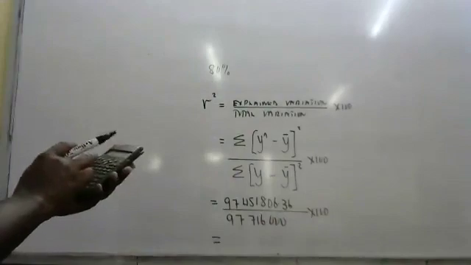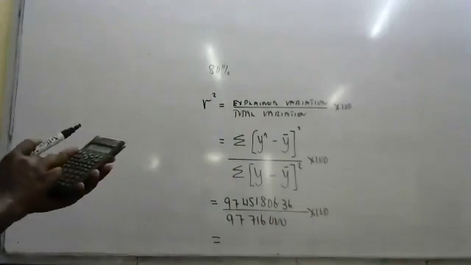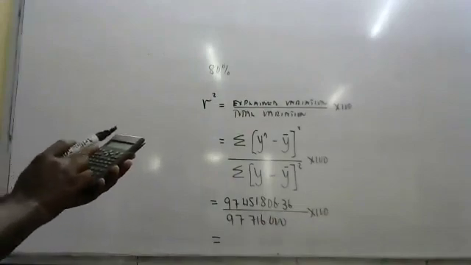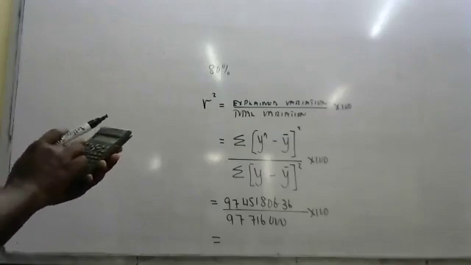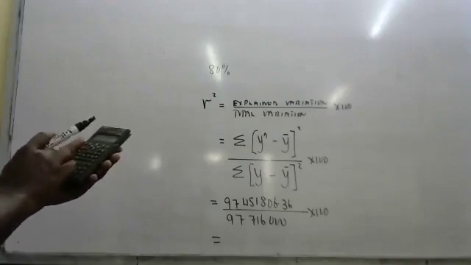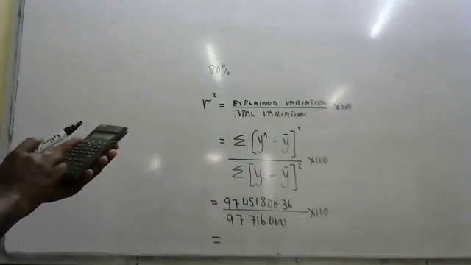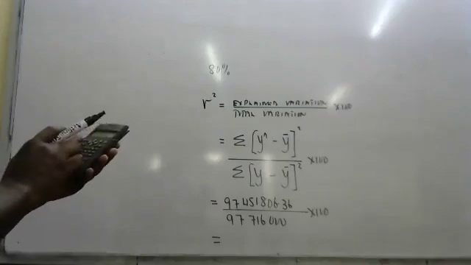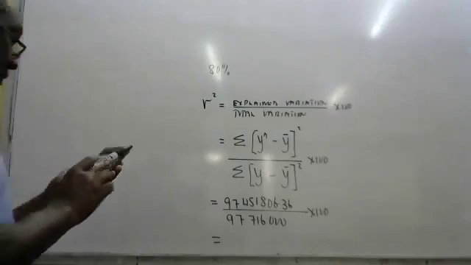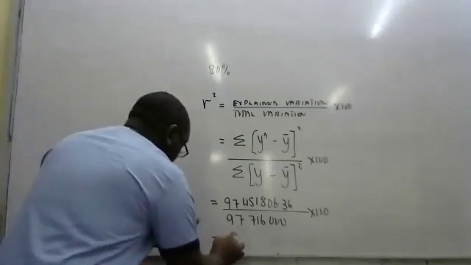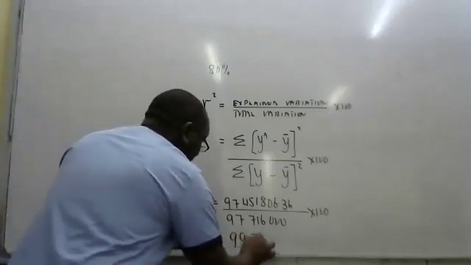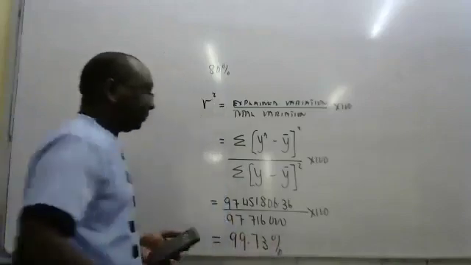So if you take 97,451,806.36 divided by 97,716,000 times 100, it is 99.73%.